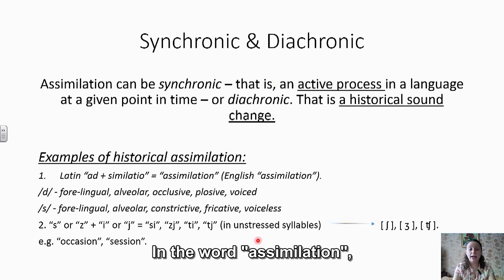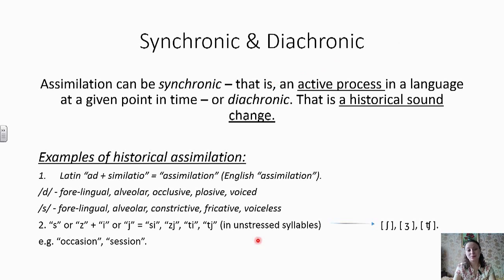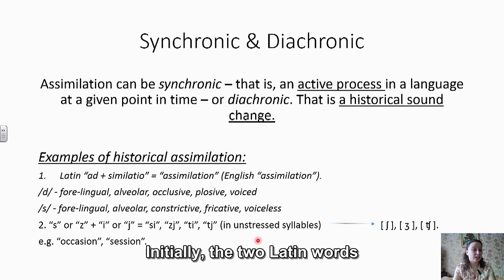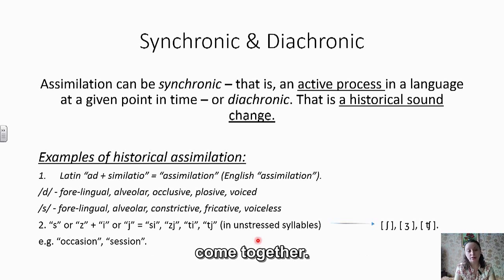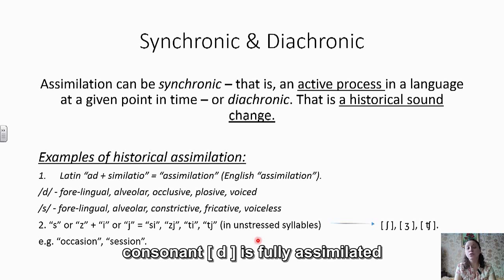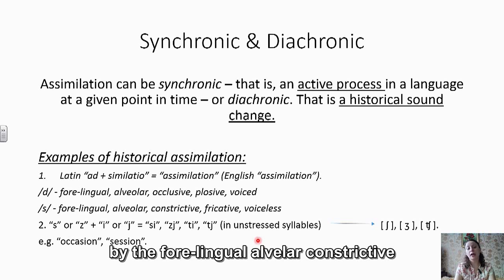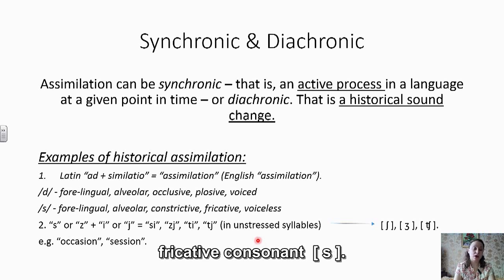In the word assimilation, we have a case of assimilation. Initially, the two Latin words ad and similatio come together. The forelingual alveolar occlusive plosive consonant d is fully assimilated by the forelingual alveolar constrictive fricative consonant s.